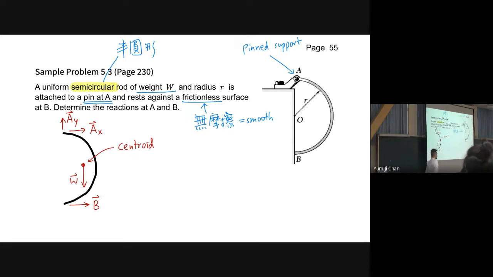After drawing the free body diagram, think about it. Is it a two-force body or a three-force body here? Let me put on the dimensions here.